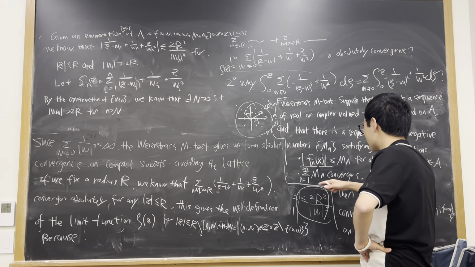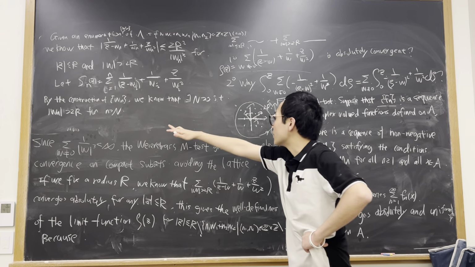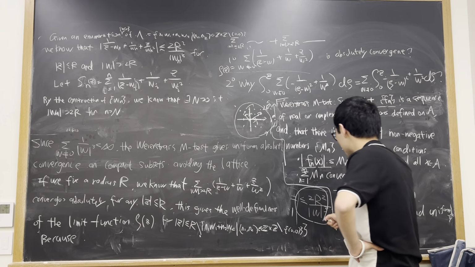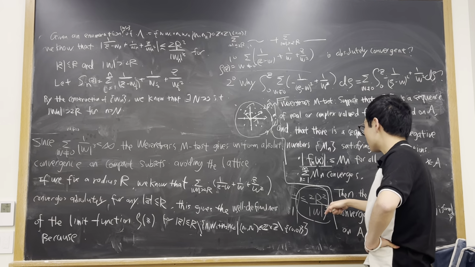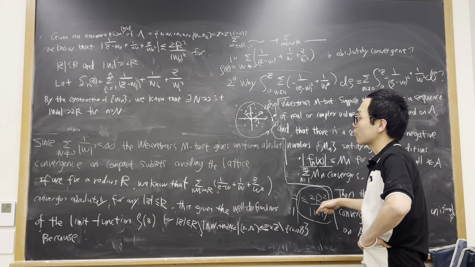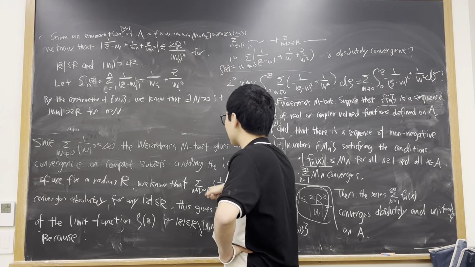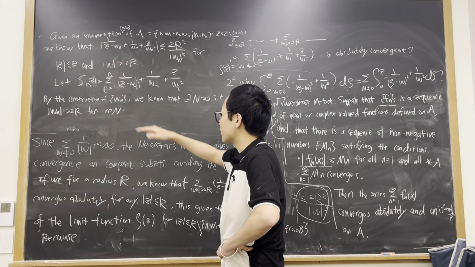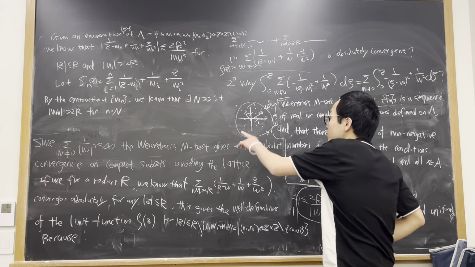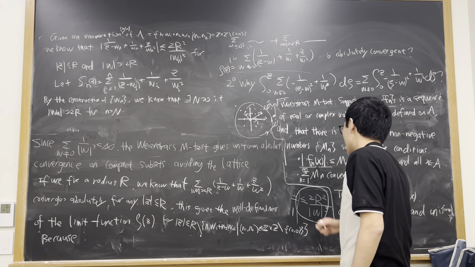And then for the rest of the part that's bigger than N, what we do is we use this guy. We showed in this property that when z is less than radius r and omega n is bigger than 2r, then the whole thing is less than or equal to this guy.